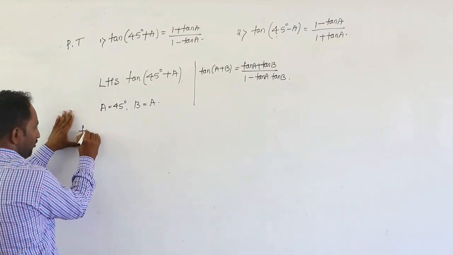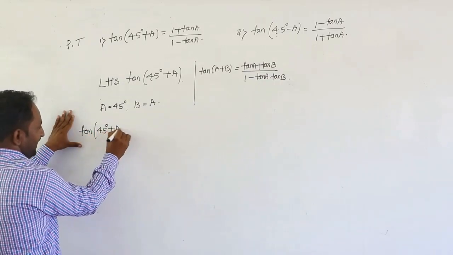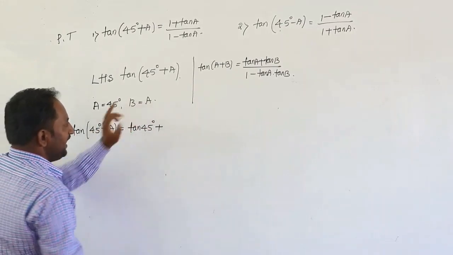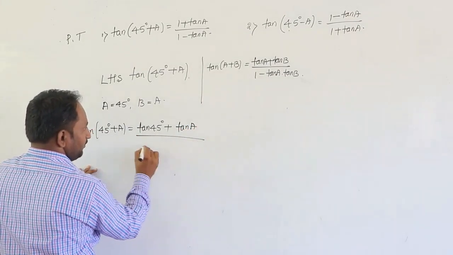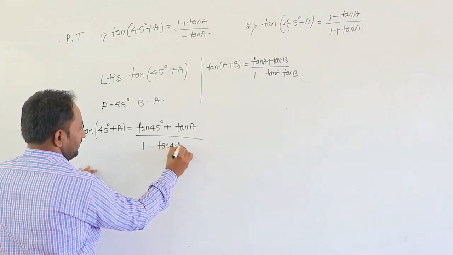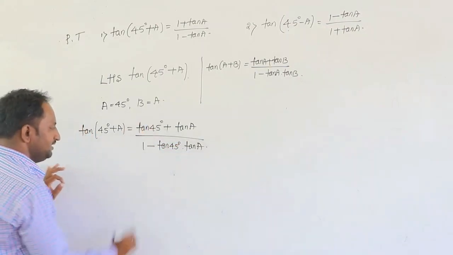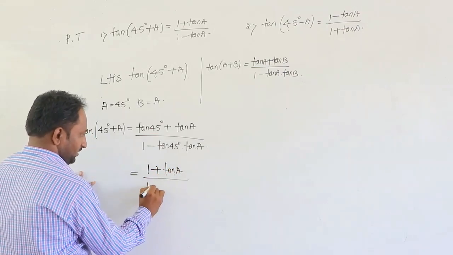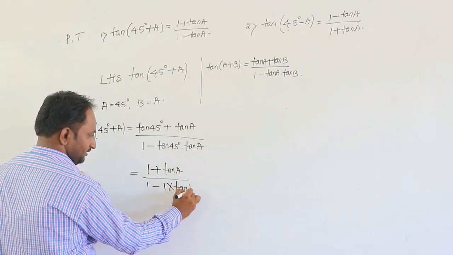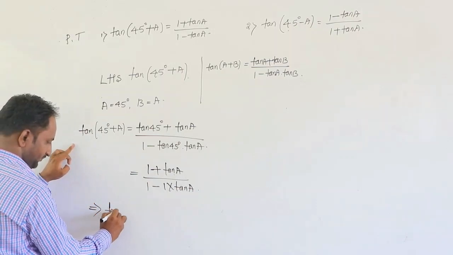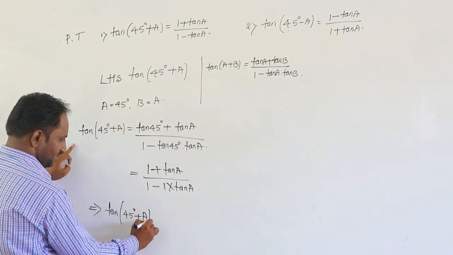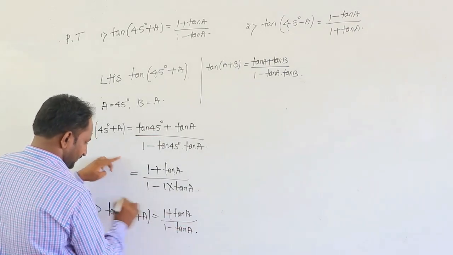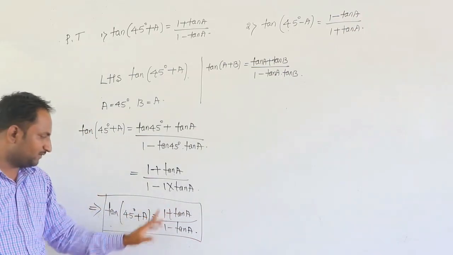Applying, tan of 45 plus A is equal to tan 45 degree plus tan A, divided by 1 minus tan 45 degree into tan A. Here the tan 45 degree value is 1. So tan of 45 degree plus A is equal to 1 plus tan A divided by 1 minus tan A.